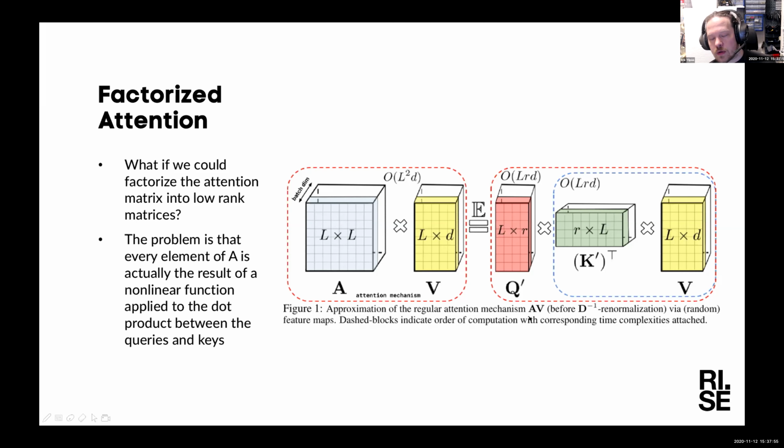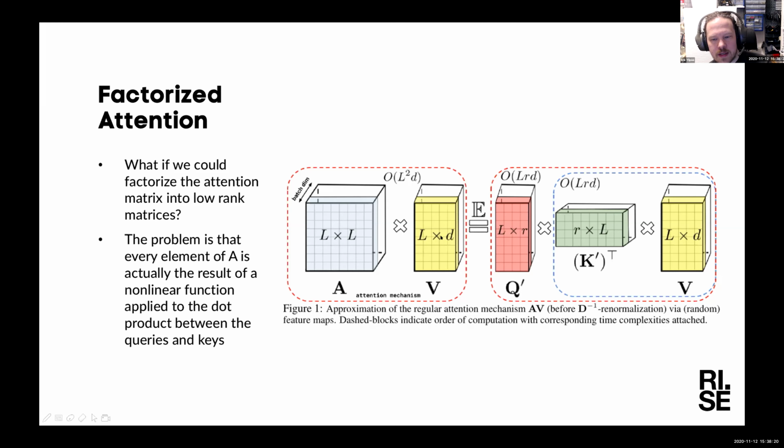This is really at the core of this paper. Other papers have done similar things. The question is really how we do this, because A here is produced by the softmax on top of the Q times K matrices, so we can't just easily linearize this.